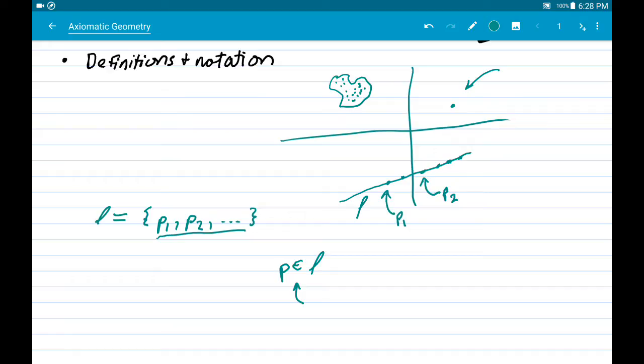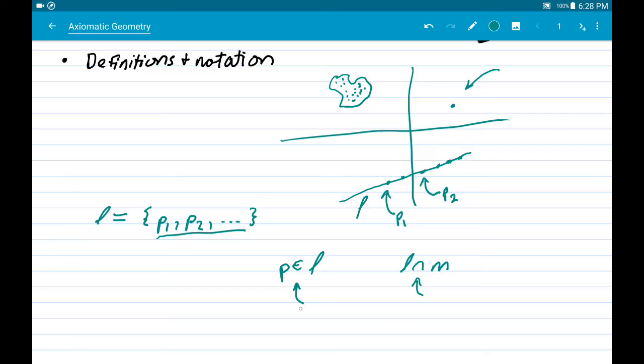Now, I also often want to talk about the intersection of two lines. If I have L and M, and these are both lines, then the way I write the intersection of them is with this cap symbol, or an upward pointing horseshoe, whatever.